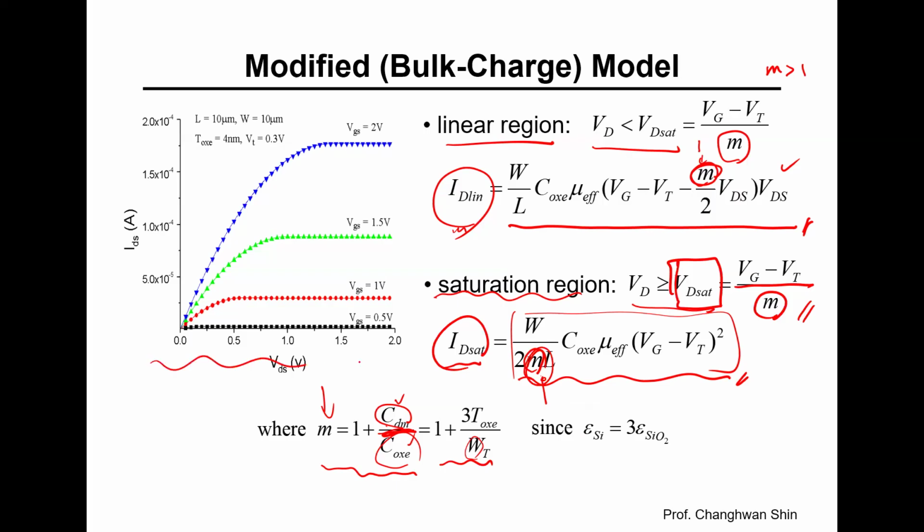The graph on the left-hand side shows how this bulk charge model accurately predicts the current-voltage characteristics for different gate voltages, right? The measured data is well fitted by the estimated lines.